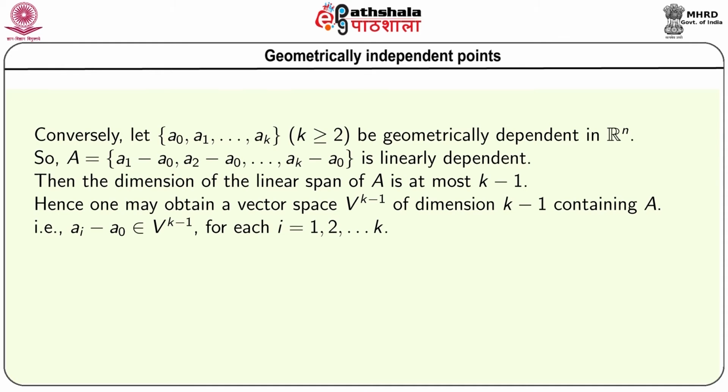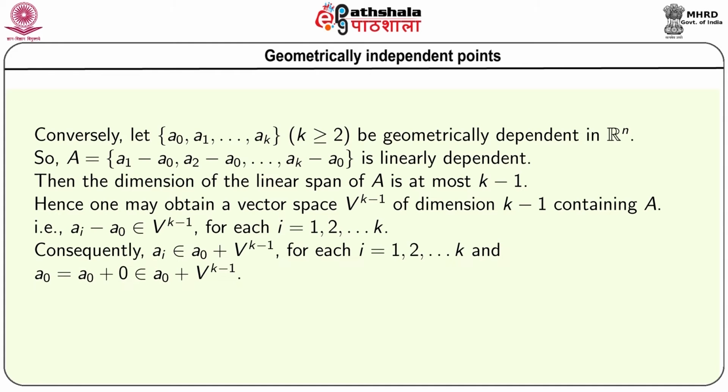That is, Ai minus A0 belongs to Vk minus 1 for each i equal to 1 to k, and consequently Ai belongs to A0 plus Vk minus 1 for each i equal to 1 to k, and A0, which is of the form A0 plus 0, is again a member of A0 plus Vk minus 1, as Vk minus 1 is a vector space containing the null vector 0.